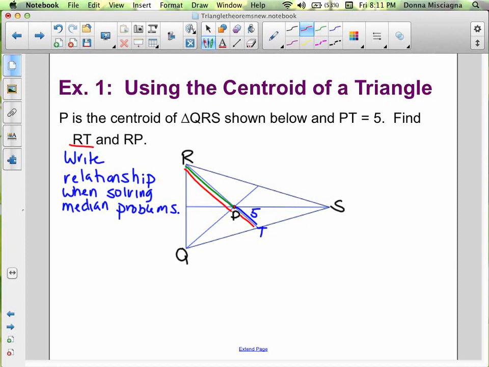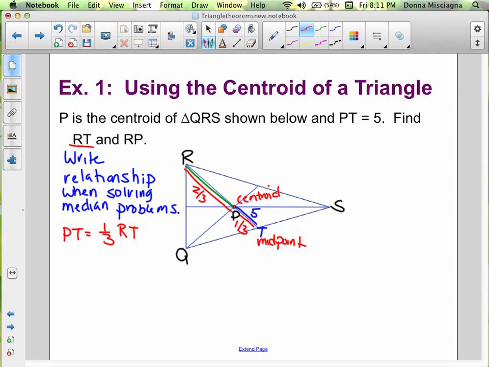So remember, RPT is 1/3 of RT, because this is the midpoint, and this is the centroid. So this is 1/3 the length, and this is 2/3. So PT is 1/3 of RT.